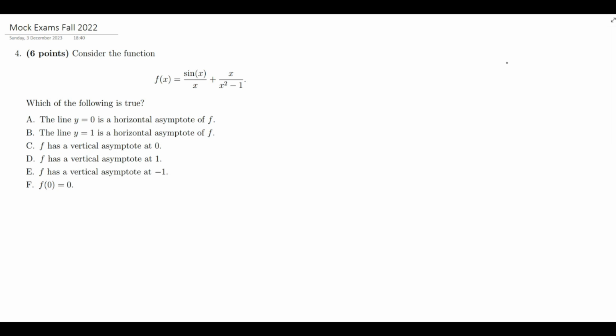We have our function f of x equal to sine of x over x plus x all over x squared minus 1. The first statement says that the line y equal to 0 is a horizontal asymptote of f. Now, what is the definition of a horizontal asymptote?